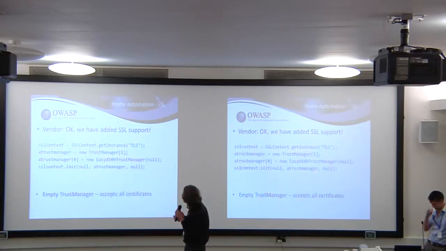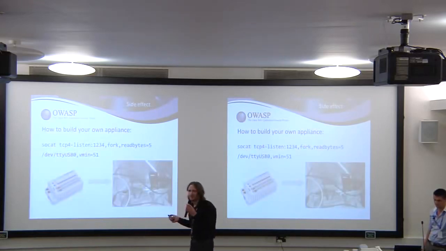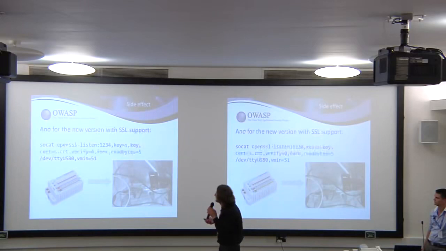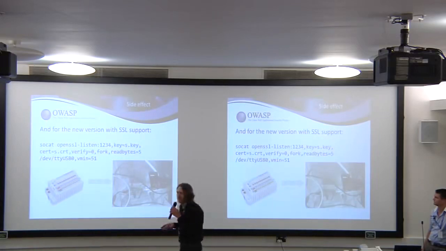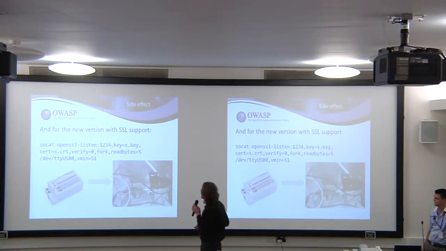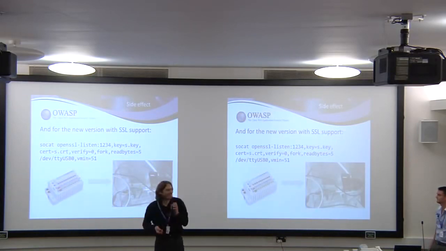So I can simulate this appliance with this single line of code. And of course, I had to alter it a little bit for the SSL support and create a self-signed certificate. And it runs perfectly well on my Raspberry Pi. So that's some kind of interesting case.